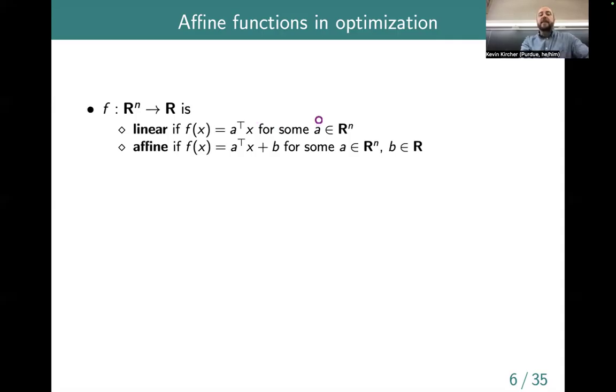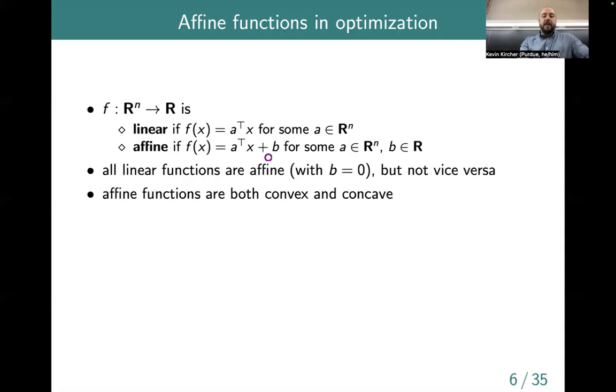And then we call it affine if it's linear plus an offset, a scalar b that we add to the linear function. So all linear functions are affine. If you take b equal to 0, then these two functions look exactly the same, but not all affine functions are linear. And we also learned that a function that is both convex and concave is an affine function, and the converse is also true.